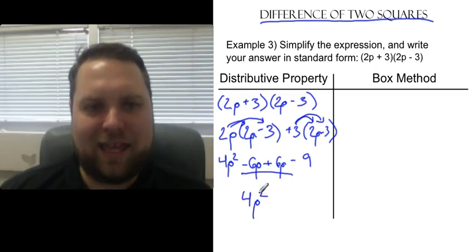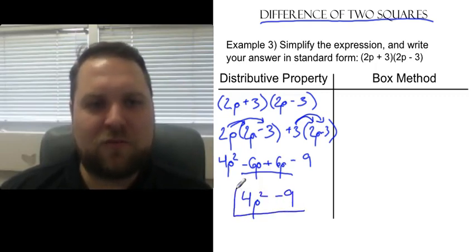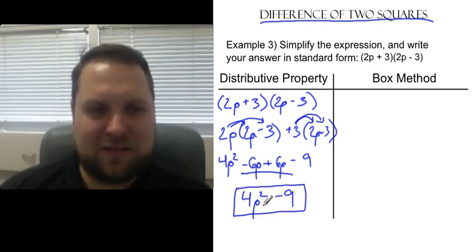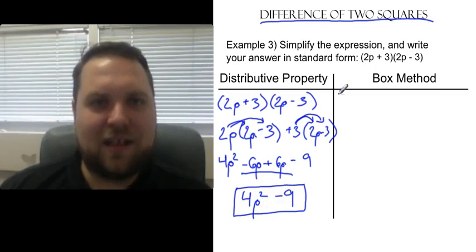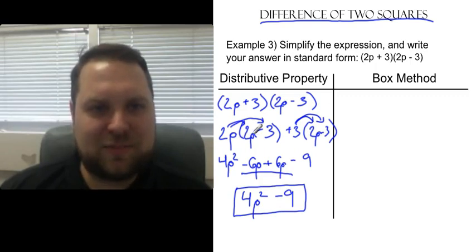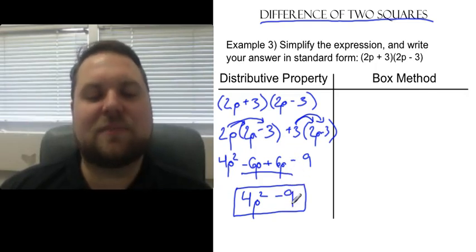It goes away, leaving us with just a binomial, 4p squared minus 9. And so you can now see that this thing ends up being a difference, subtraction, of two squares. 4p squared is just 2p times 2p. 9 is a perfect square, 3 times 3. So that's where the name comes from.